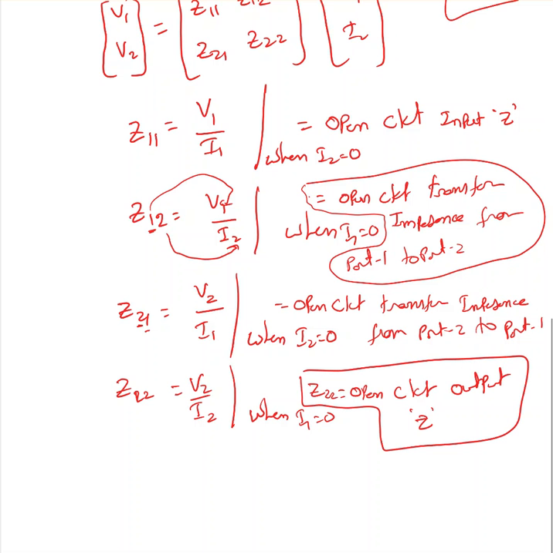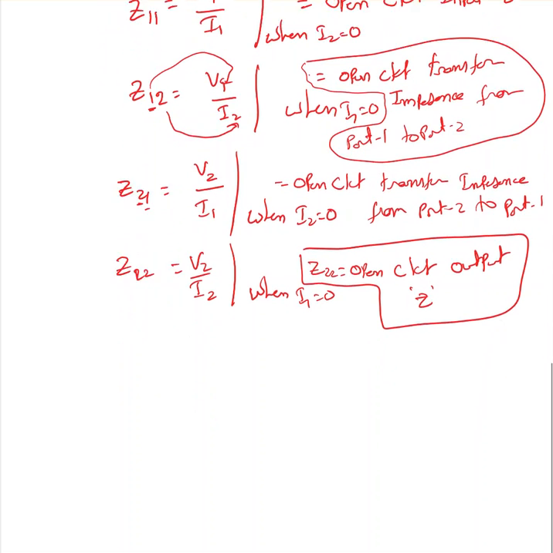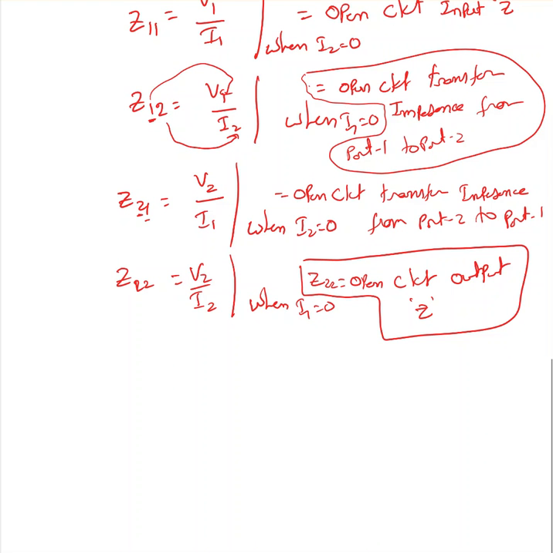Now there are two important things. One is if Z11 equal to Z22, then that circuit is called a symmetrical network. I sometimes say network or circuit; you can call a circuit a network, but you cannot call a network a circuit.